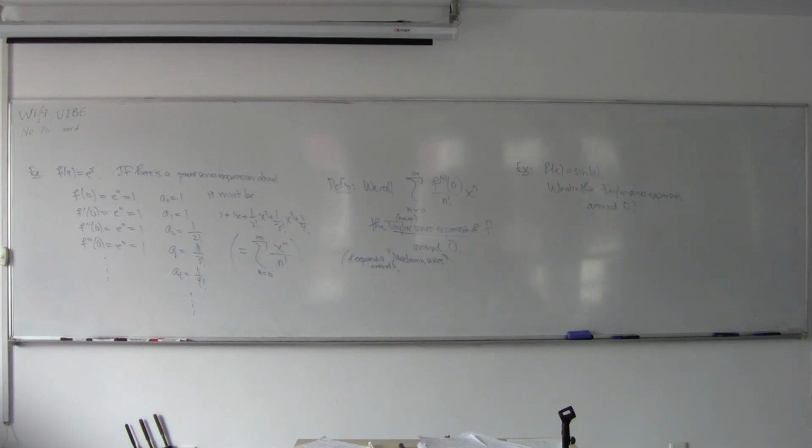So just use these numbers. Exactly. You're going to get 0 plus x plus 0x squared minus x cubed over 3. That's all.